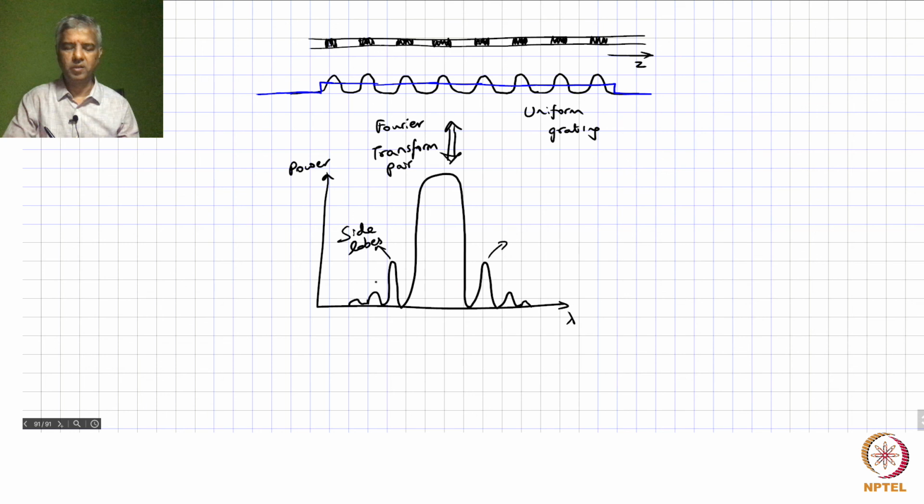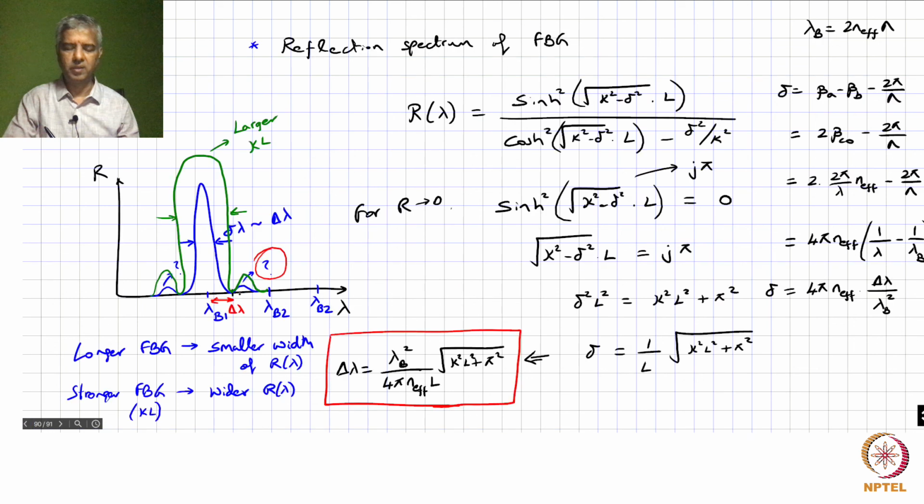But what is actually important is that these side lobes can cause problems for us, because like we talked about previously, we want to concatenate multiple gratings with different Bragg wavelengths and possibly sense in a distributed manner. So, you take a fiber and have lambda b1, then another grating at lambda b2, another at lambda b3 and so on.